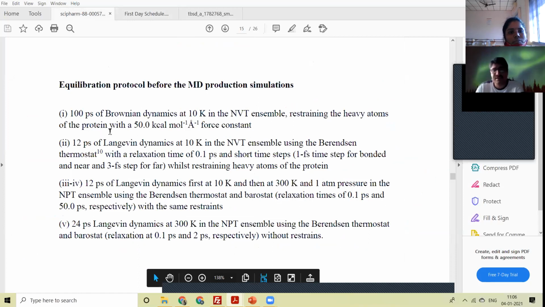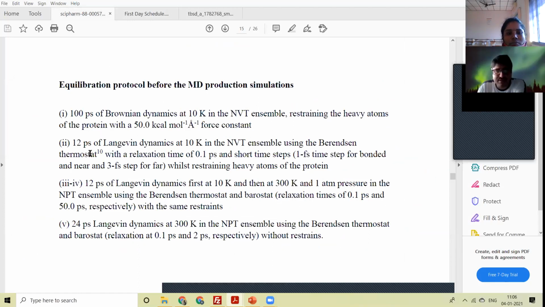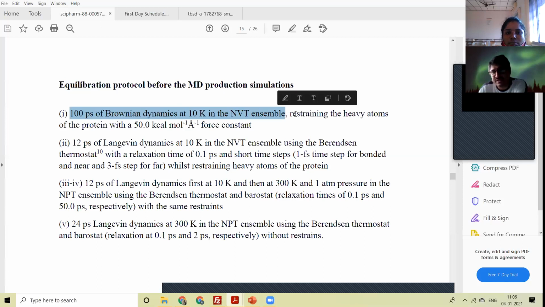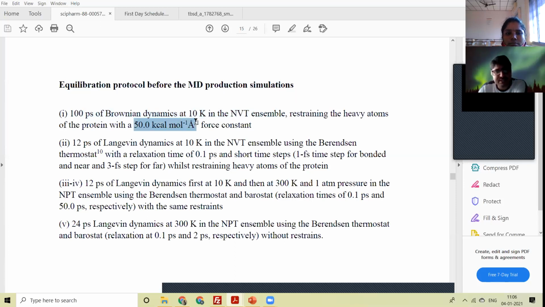When we started the MD simulation for these compounds, first we ran a small 100 picosecond Brownian dynamics at 10 Kelvin using the NVT ensemble, and then we restrained the heavy atoms of the protein with some force.